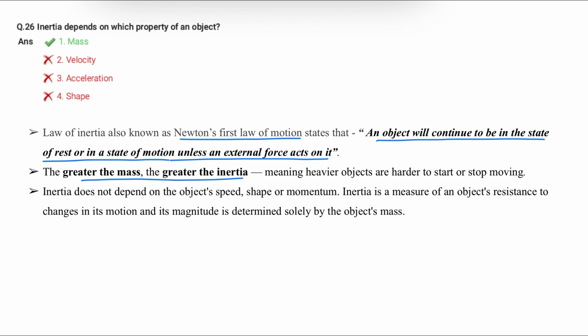Inertia does not depend on object speed, shape, or momentum. Inertia is a measure of object resistance to change in its motion, and its magnitude is determined mainly by the object mass. Inertia depends on mass of an object. Correct answer option 1.